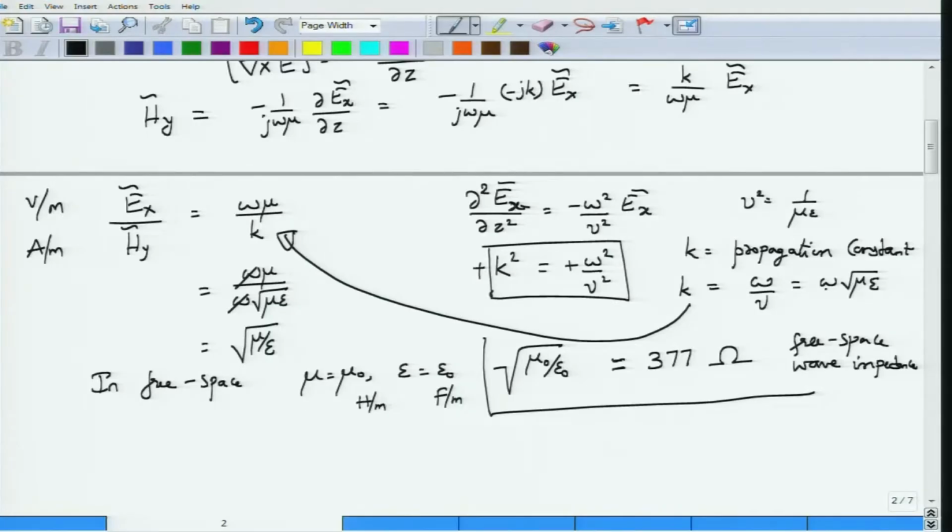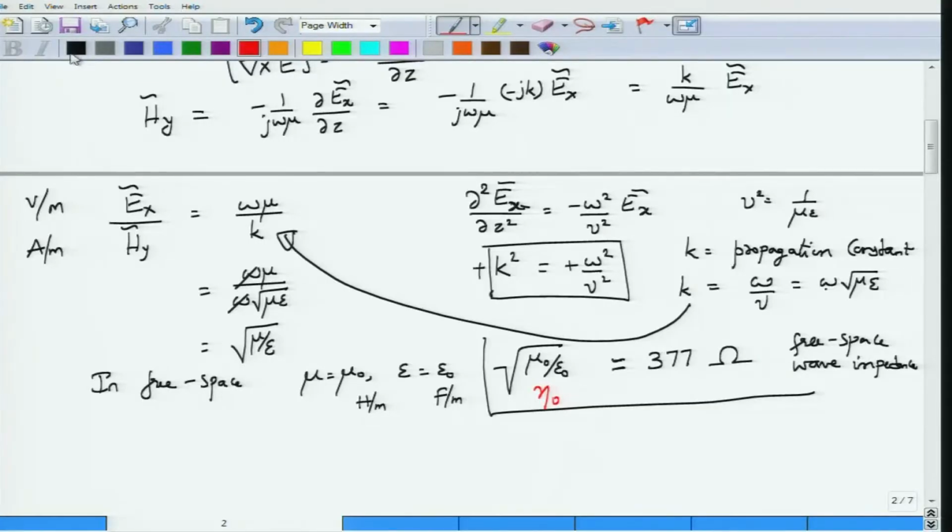Their ratios turn out to be in the form of an impedance quantity, and this is precisely what you are getting here. So this square root of mu 0 by epsilon 0 is indicated by a special symbol called eta 0. That 0 stands for free space, and this eta 0 is given by 377 ohms.